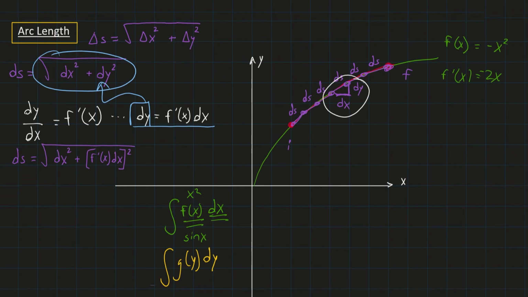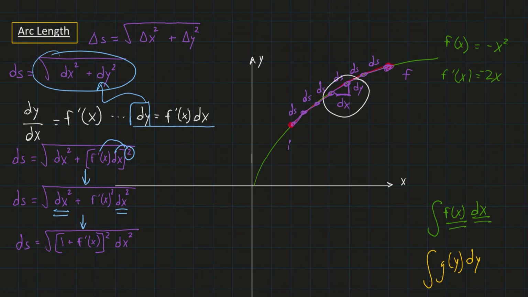So now, let's just apply some algebra. Let's take that squared and apply it to both the derivative and the dx. And now we notice that we have a common factor. Dx squared is here and here. So let's factor it out. And now, because I have two different terms separated by multiplication here, all underneath the radical, I can apply that radical to both of them individually.